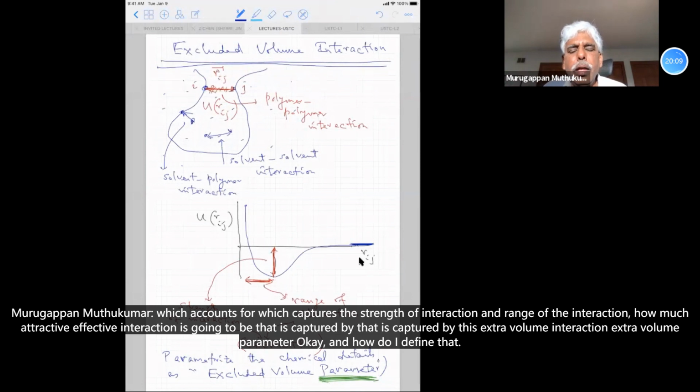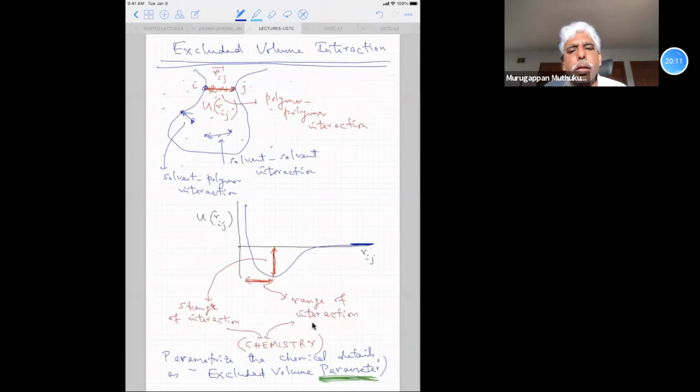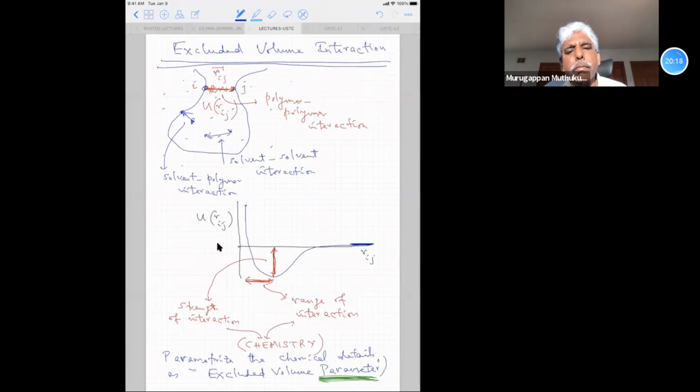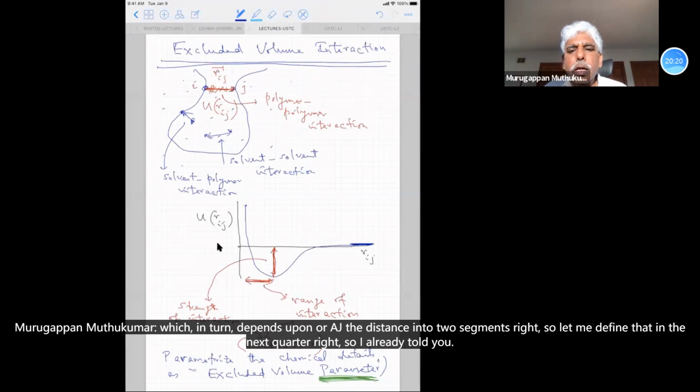Okay, and how do I define that? I want to define it as a representation of this potential energy, which in turn depends upon Rij, the distance between two segments. So let me define that in the next cartoon.